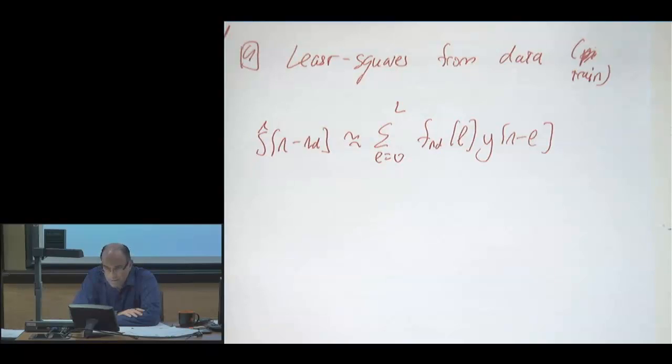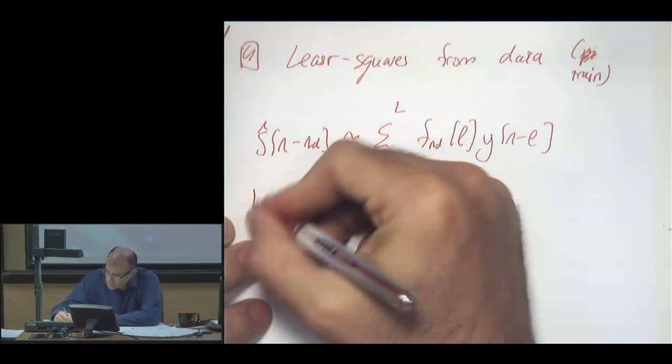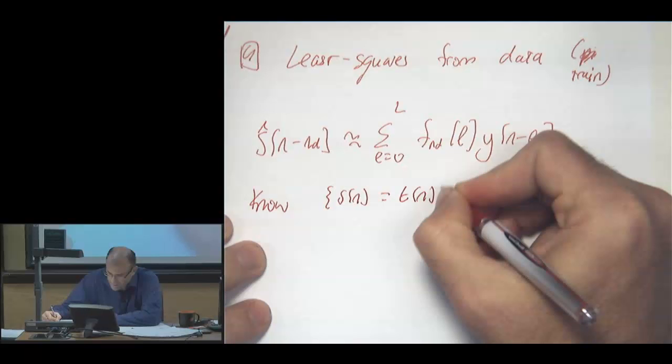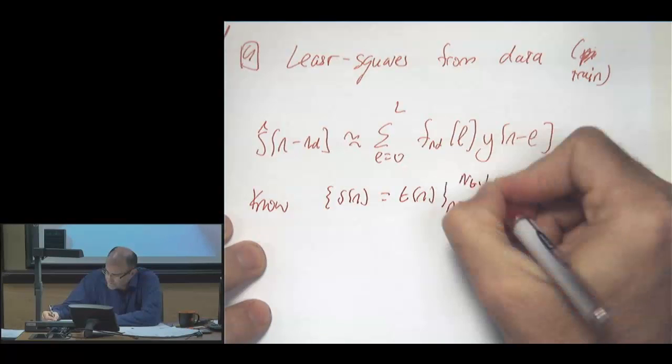So the observation here is, why don't we just use this directly to build up our least squares set of equations? Because if we have training, we know that s of n is equal to our training sequence for n equals 0 to nt minus 1.